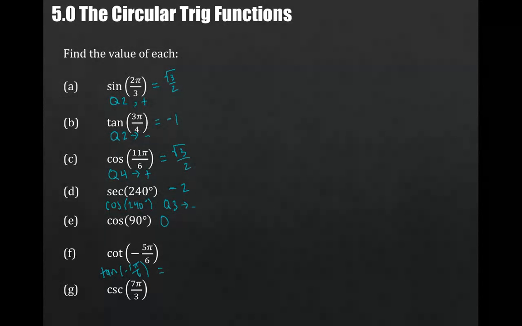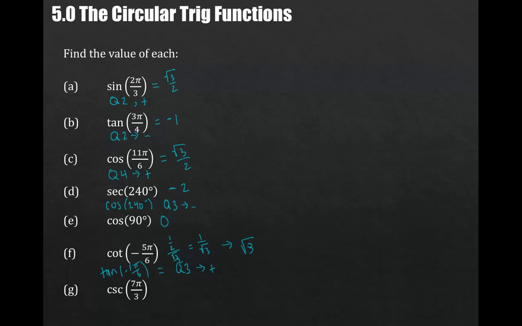This is going to be in quadrant 3, and in quadrant 3, tangent is positive. So that's great, I'm going to be dealing with something that's positive. For 5 pi over 6, I'm thinking about sine over cosine. So I'm going to be dealing with 1/2 over √3/2, which is going to give me 1 over √3. Therefore, the cotangent is just going to be √3.